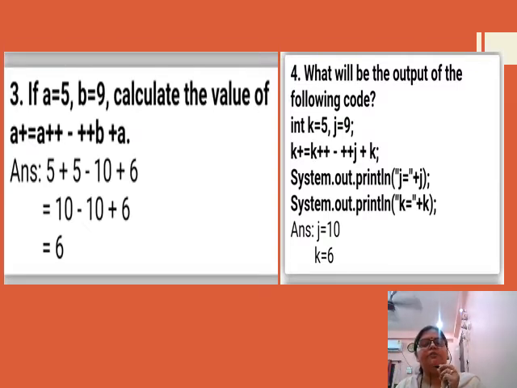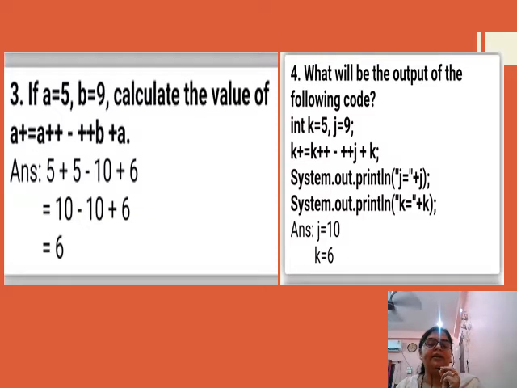It will not increase yet because it is a postfix operator. The minus --B will decrease immediately because it is a prefix operator, so 9 will become 8. Now here A will become 6 because it works after the expression. Here it is 5, but when it comes here it will become 6. Then 5 plus 5, 10, minus 10 plus 6. Now what will be the answer? 10 minus 10 is 0, plus 6.